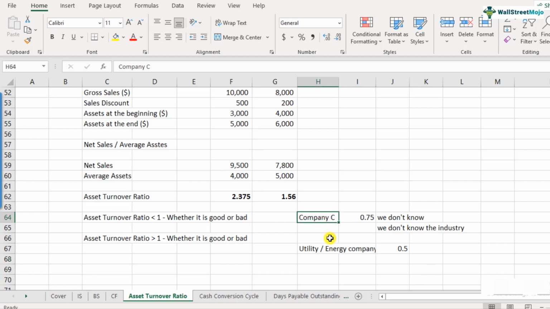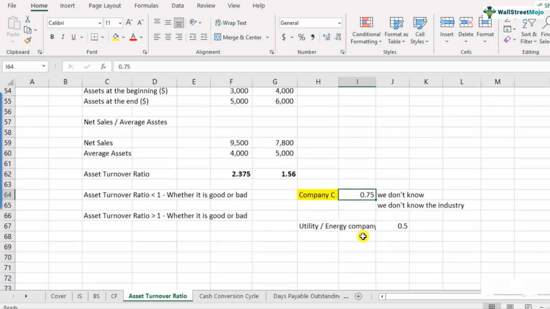So if company C was a utility or an energy company, this would have been a much, much better ratio, because it is generating higher sales per unit of assets compared to its peers. So we cannot generalize that if the asset turnover ratio is less than 1, it is bad. We have to look at the industry.